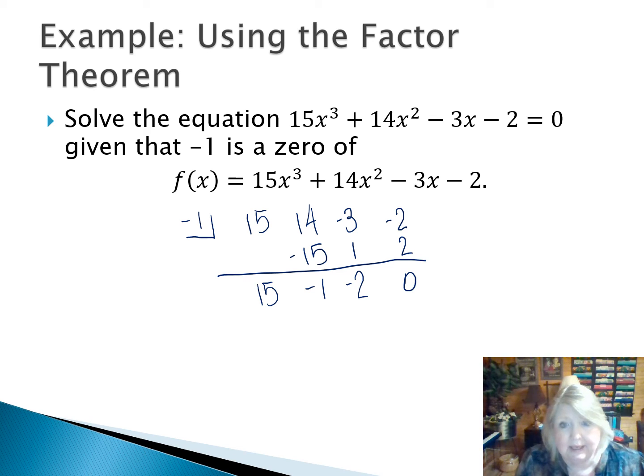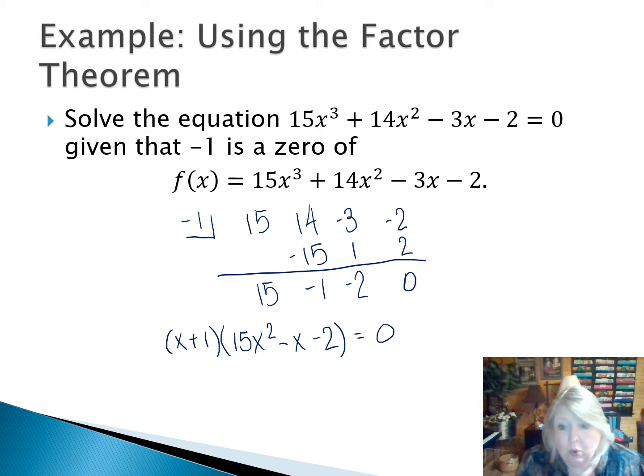So what this tells me is that I have f of x equals that, and that equals 0. So what I have is x minus negative 1, which I'm going to change over to x plus 1, times 15, one degree less, so instead of a cube I want a square, 15x squared minus x minus 2 equals 0.